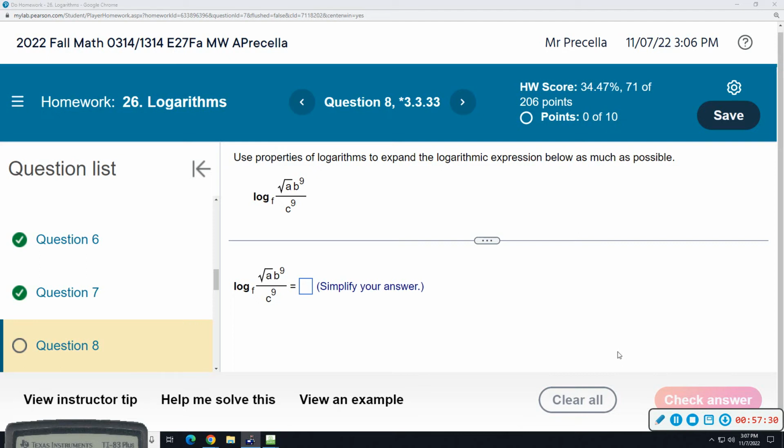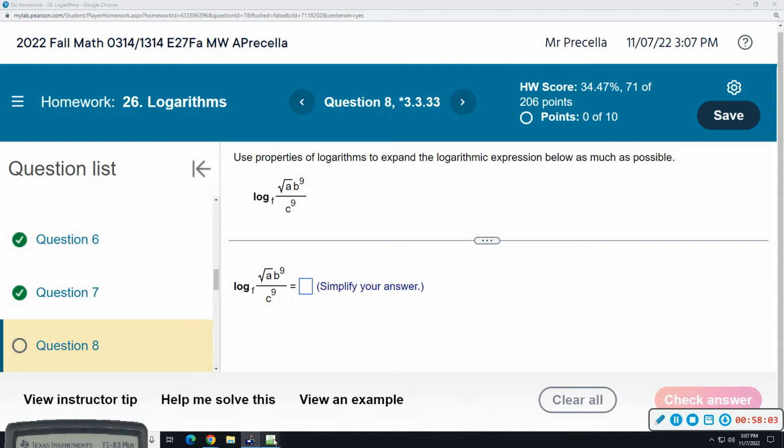So number 8. Log, oh darn, it has a base, so we have to be typing it. Is that an F? Yeah. Log base F of the square root of A, B to the 9th over C to the 9th.